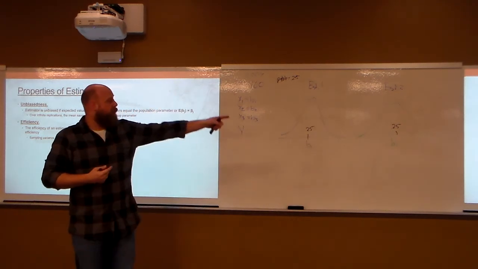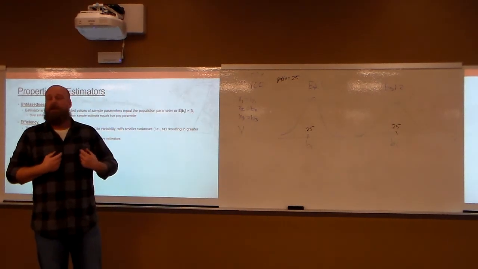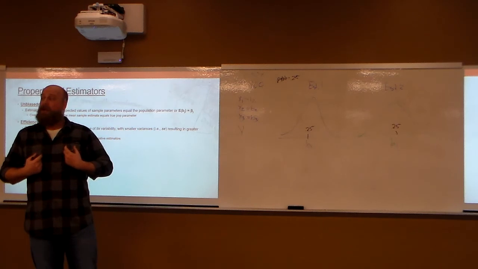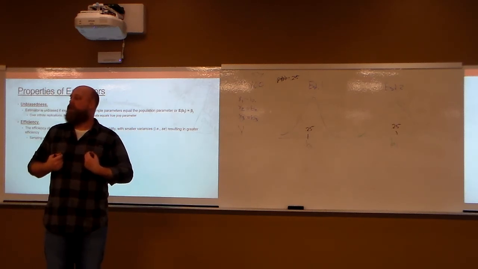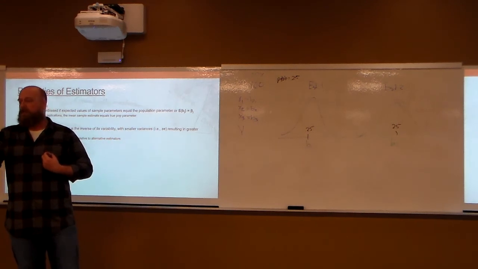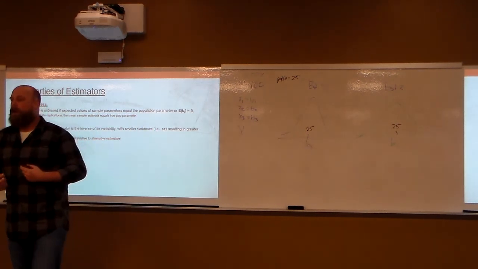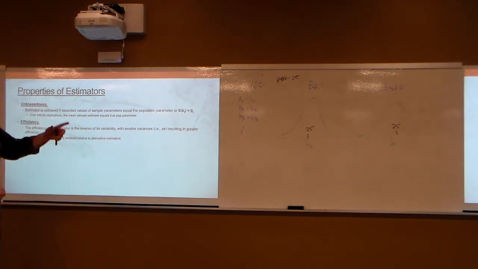So for any individual study, I have more confidence that my coefficient is going to be closer to the population effect than with estimator 2. Neither one is biased, but one estimator is more efficient than the other.